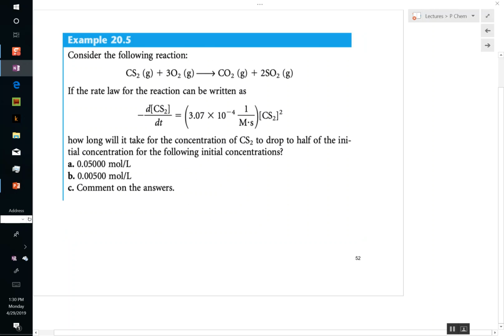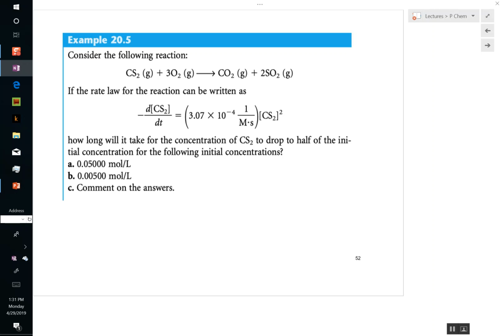Okay, let's look at this example, 20.5, and it makes an interesting point. It can still talk about half-life, but it makes an interesting point about it. So, consider the following reaction: carbon disulfide plus oxygen forming carbon dioxide and sulfur dioxide. And this is second order.